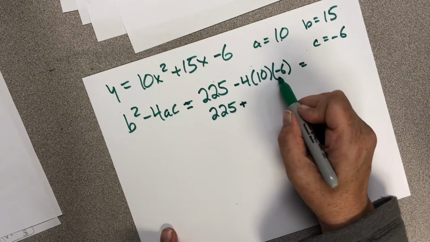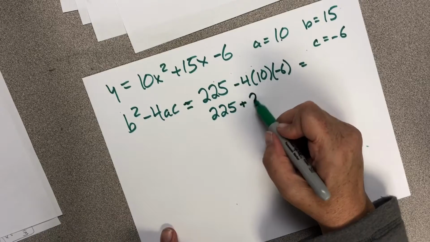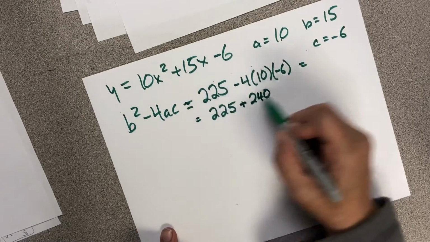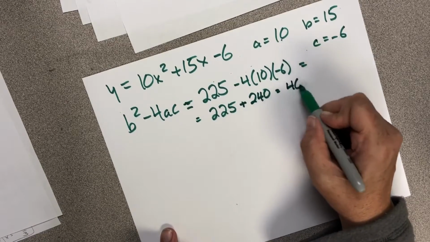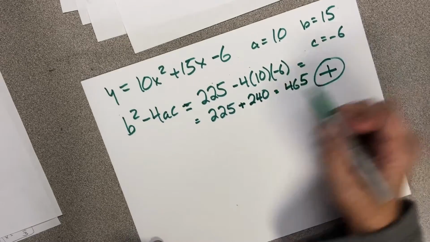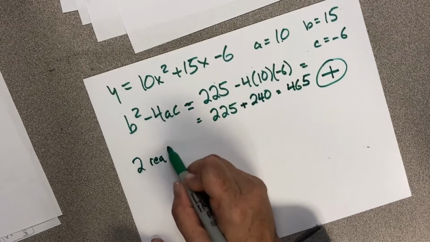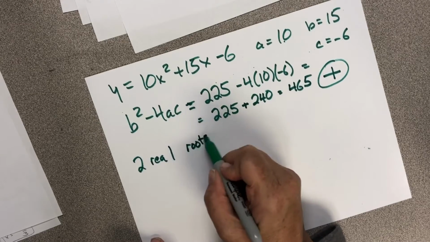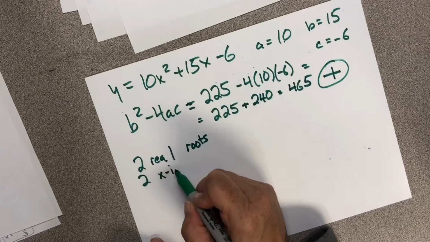Negative 40 times negative 6 is positive 240. That would equal 465. That is a positive discriminant, so we're going to have 2 real roots. That means 2 x-intercepts.